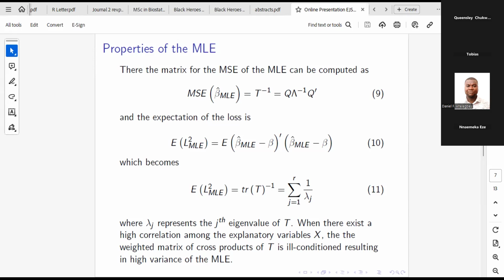Of course, lambda j would represent the jth eigenvalue of T. When there exists a high correlation among the explanatory variables X and the weighted matrix of cross products T, we would know that the maximum likelihood estimator would not do a good job in estimating beta.